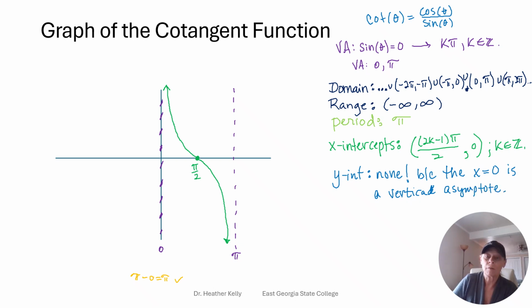I bet you haven't come across very many graphs in your mathematics career thus far that had no y-intercept, but here it is. If that vertical asymptote is at 0, you will have no y-intercept.